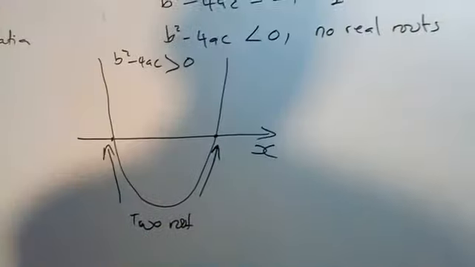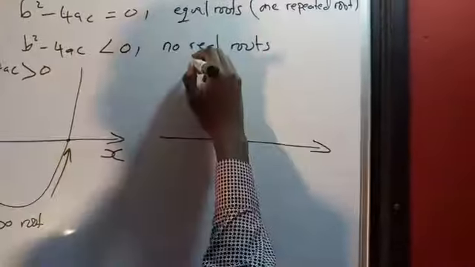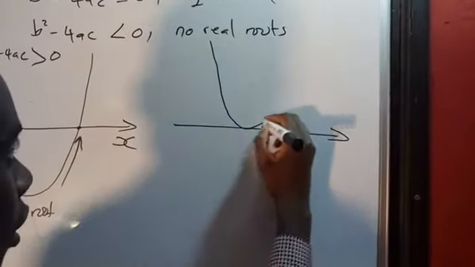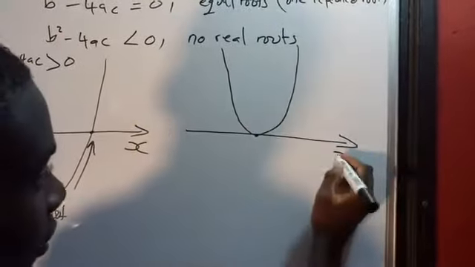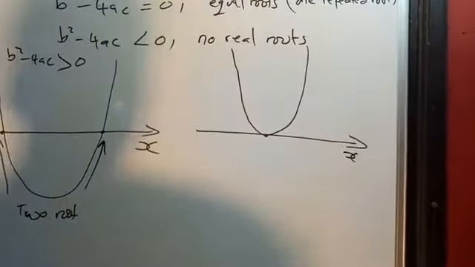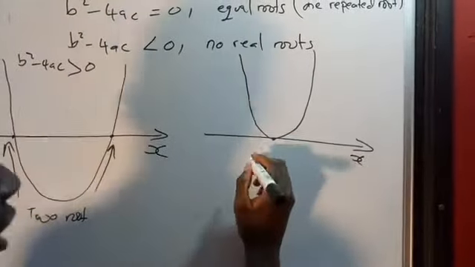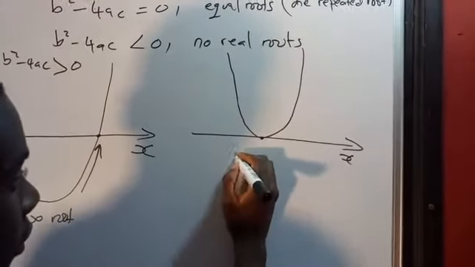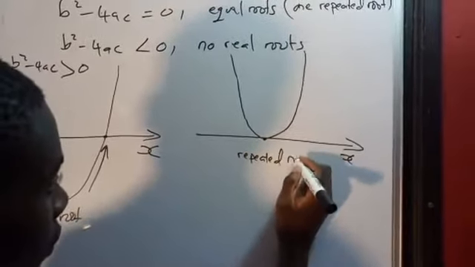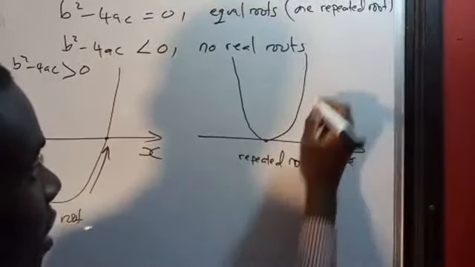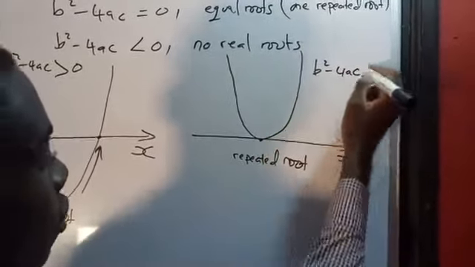And another graph may appear like this, touching the x-axis. So it means this graph has a repeated root, meaning b squared minus 4ac is equal to 0.